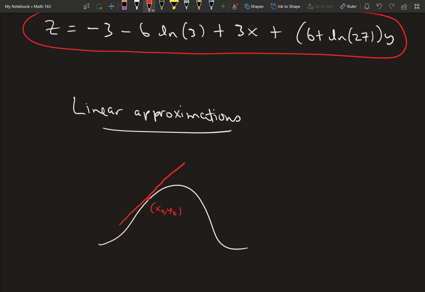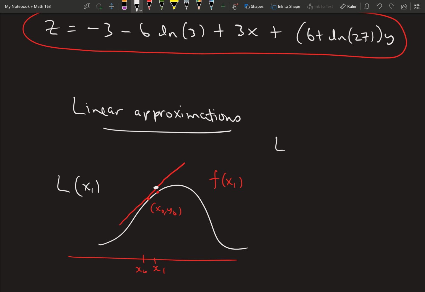Here's x0, here's x1, that's pretty close by. f of x1 is pretty close to this point. What is this point? This is the linear approximation at x1, right?